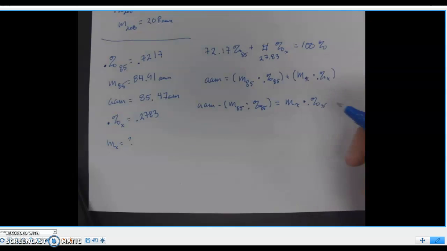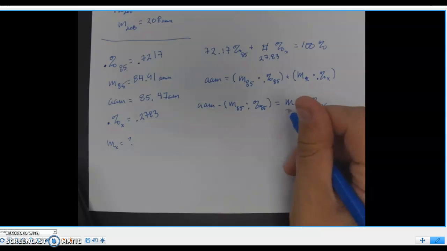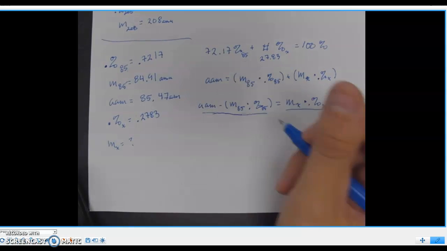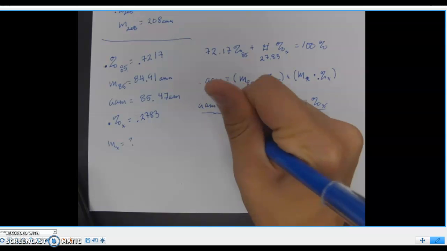And again, what I'm solving for is my mass of this unknown. So I'm going to isolate that by dividing both sides by that percentage.